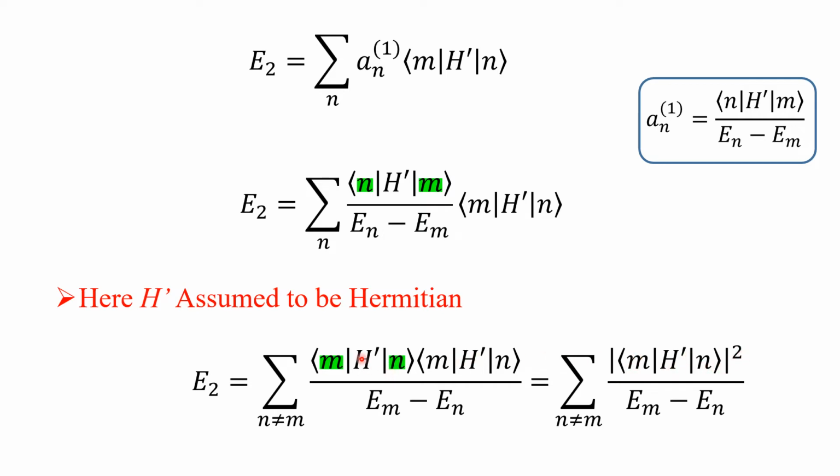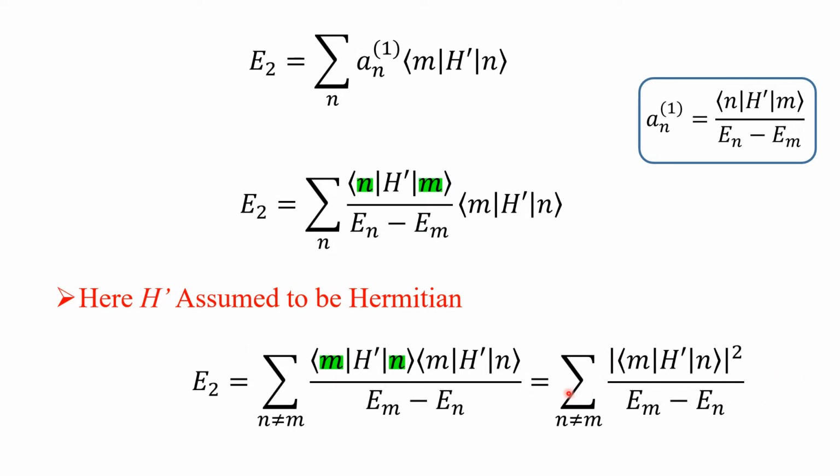Remember that in this case, n is the final energy and m is the initial energy. Here we are interchanging the bra vector and ket vector, so naturally we are interchanging the initial energy and the final energy. Instead of En minus Em, I am replacing it with Em minus En. And also here n is not equal to m, which is more important.